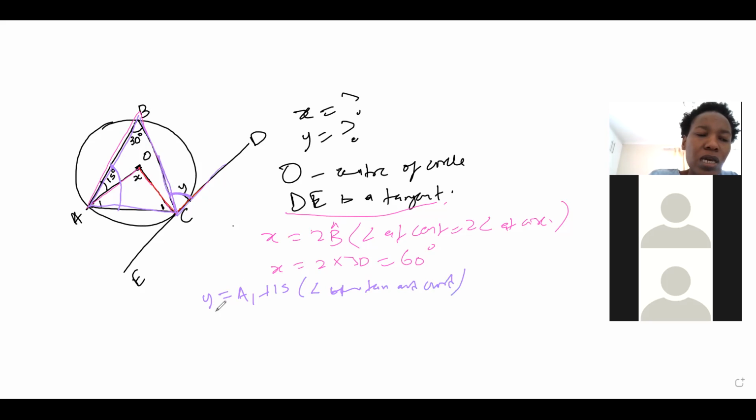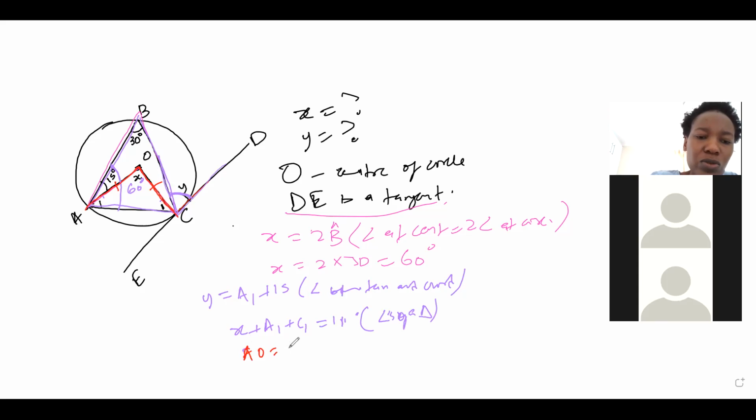Then we need A1. We know that X is 60. So X plus A1 plus C1 is equal to 180 degrees, these are angles of a triangle. But can you see that AO and OC are radii?